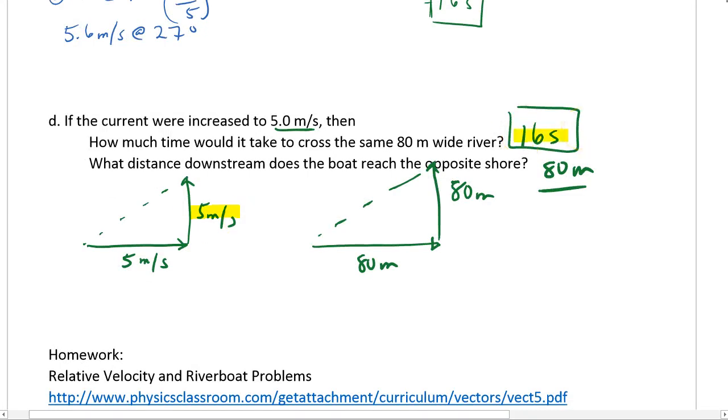So this delta D is going to be equal to the velocity with which it's going east multiplied by the time. So it would be 5 meters per second times 16, which would also be 80 meters. Okay, there is your answer.